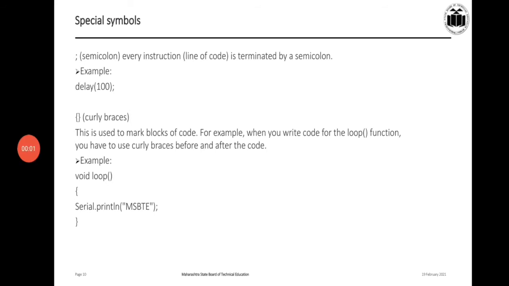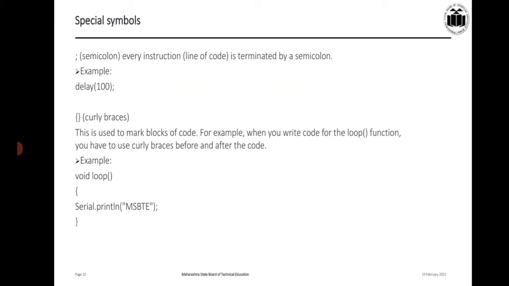We'll see special symbols used in Arduino IDE. Semicolon: every instruction, that is, line of code, is terminated by a semicolon. For example, delay(100); Curly braces: these are used to mark a block of code.